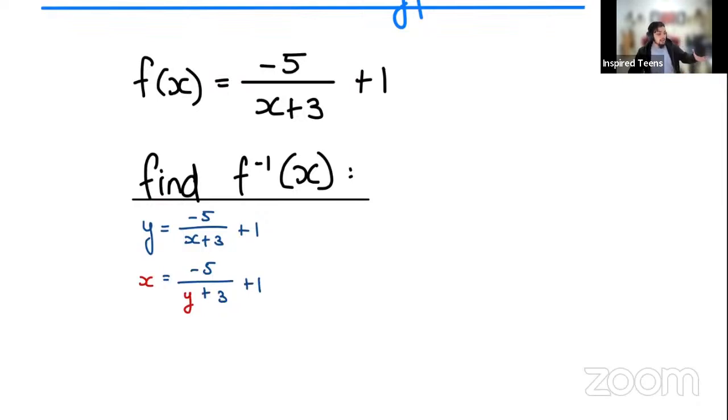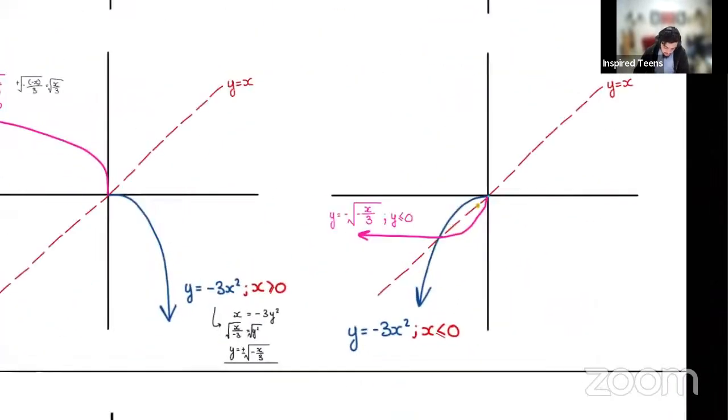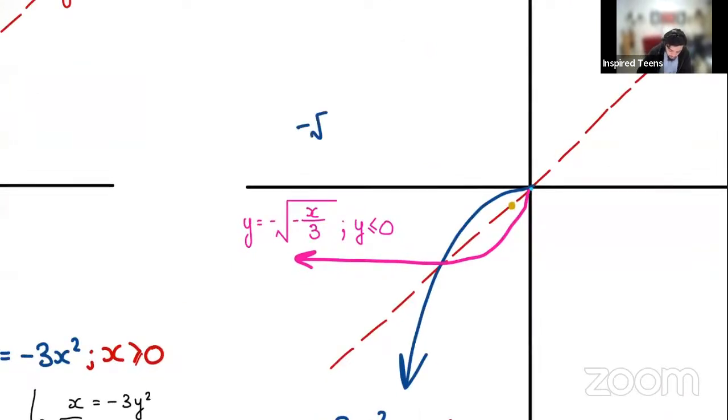Someone is asking about the negative square root of negative x: would it have no solution? No, it would have a solution. Remember, we can't not have a solution because this is the correct equation for the graph.